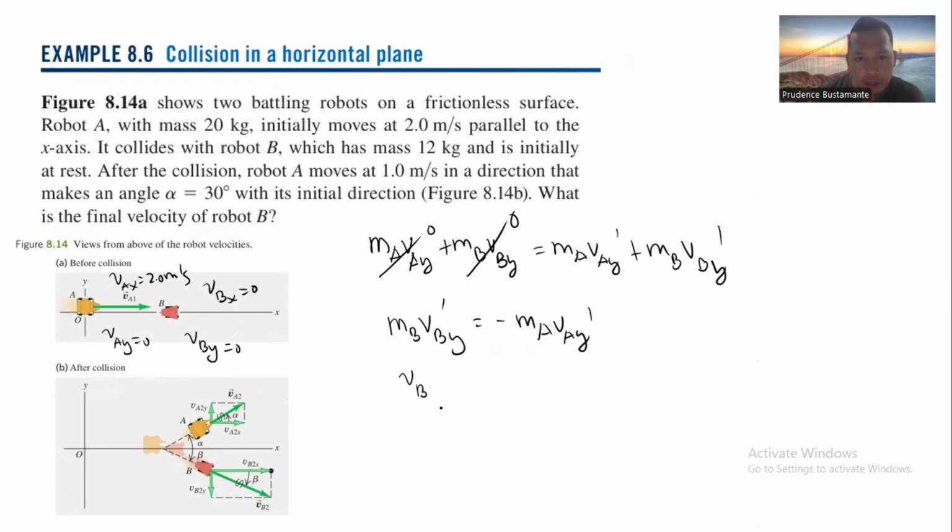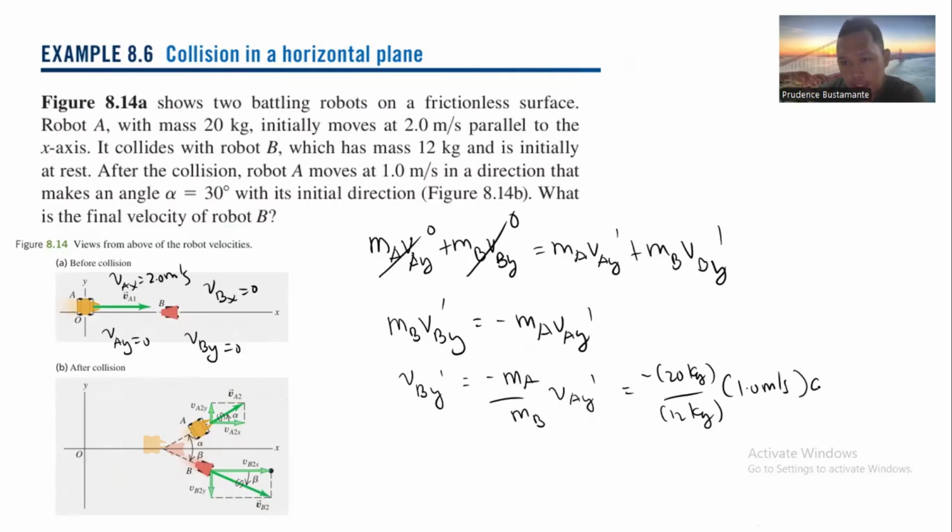So VBY prime is equal to negative MA over MB VAY prime, which is equal to negative 20 kilograms over 12 kilograms times 1.0 meters per second sine of 30 degrees.